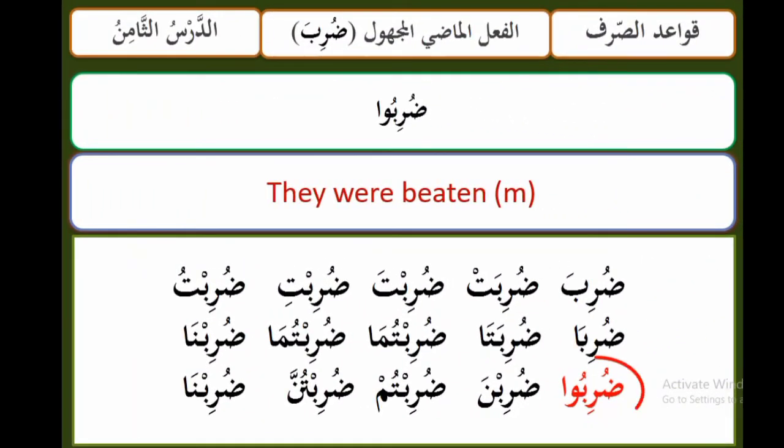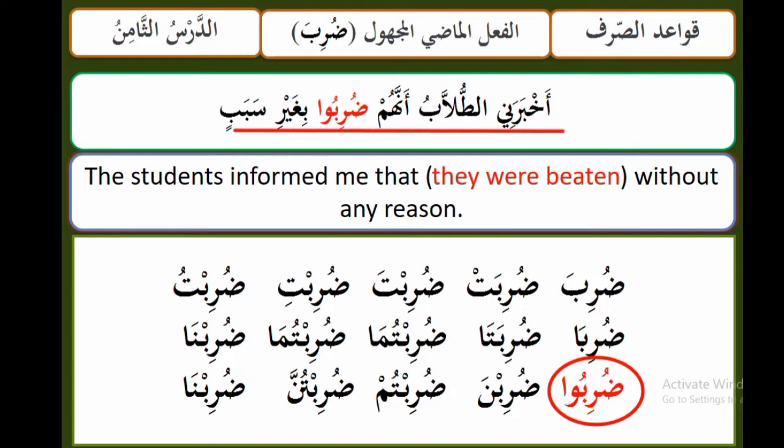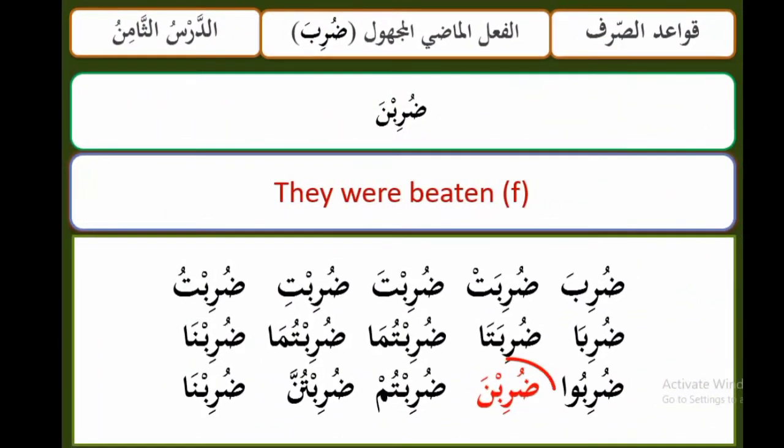The next one is ضُربوا, and this means they were beaten for masculine gender. Example, أخبرني الطلاب أنهم ضربوا بغير سبب. This means the students informed me that they were beaten without any reason. The next is ضربن, and this means they were beaten for feminine gender.